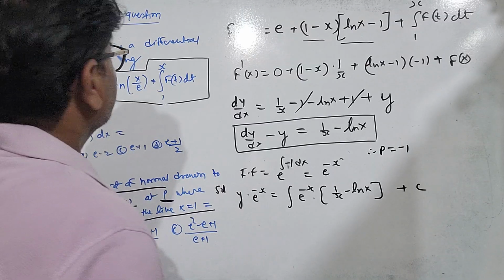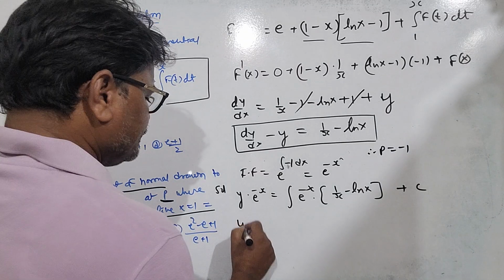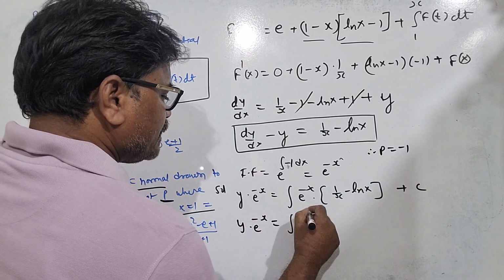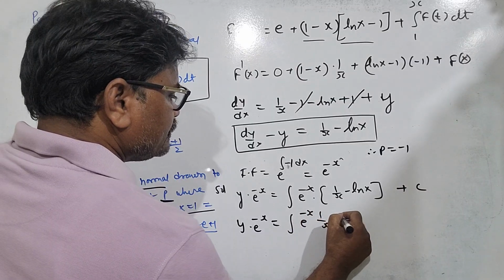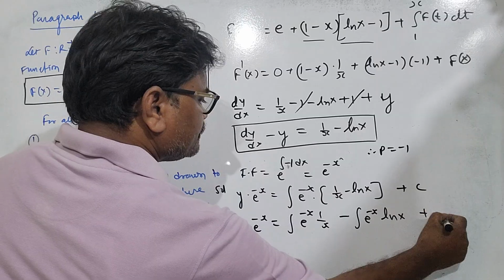Now it is also very tedious how to do that. So it is y into e to the power minus x, this is e to the power minus x into 1 upon x minus e to the power minus x into ln x plus c.